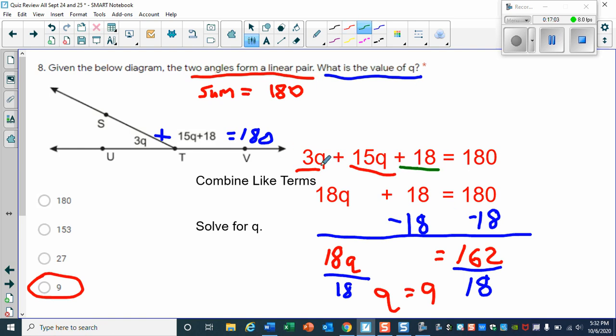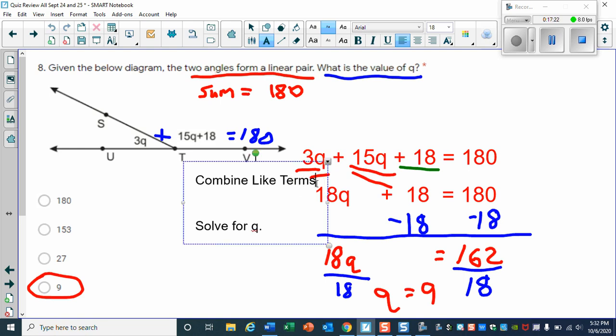In this case, just combining the 3q with the 15q, you get 18q, plus 18 for now. So when we combine like terms, look at each side separately.